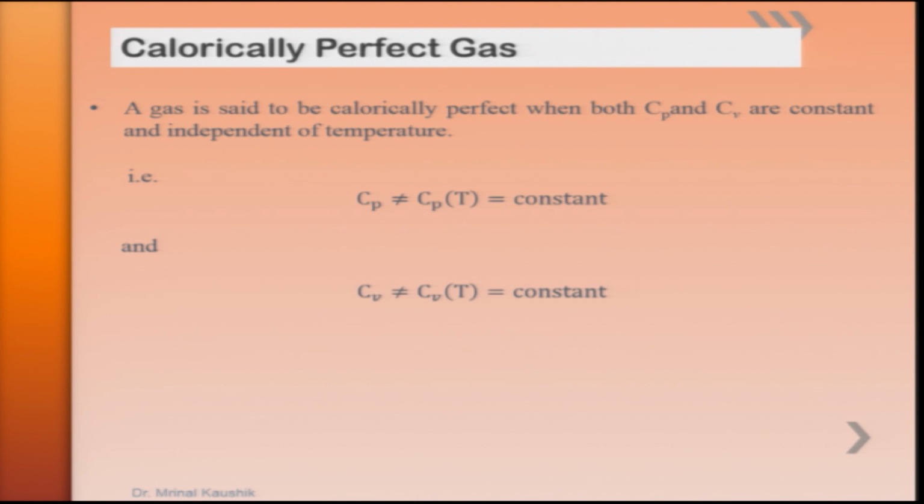Since Cp and Cv are defined in terms of internal energy and enthalpy with respect to the thermal property T, a gas whose Cp is not a function of temperature, and whose Cv is also not a function of temperature, so that they are constant, has a ratio Cp to Cv, that is gamma, which is also constant.